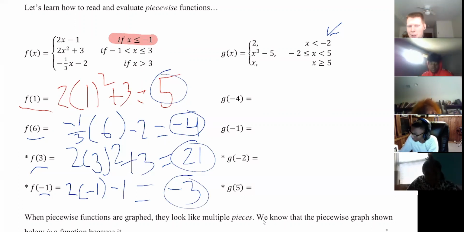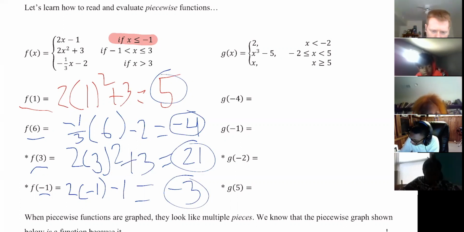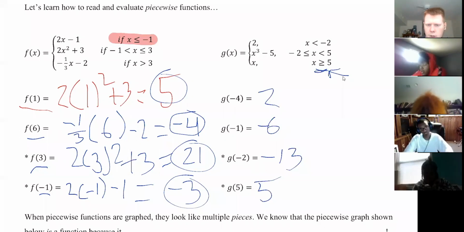There's nothing to plug in for an x in that top function. That might seem a little weird, but basically, if it falls in that domain, it's just going to be 2 for your y value. I'll give you a chance. Here, I'll put it in. You can see the answers here.